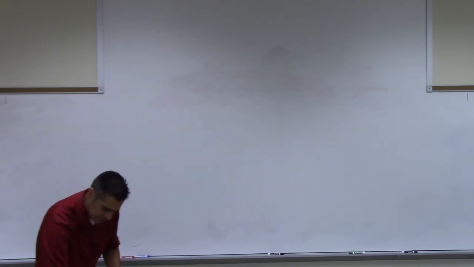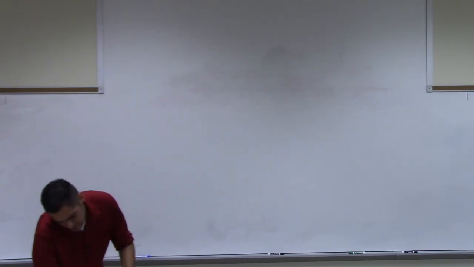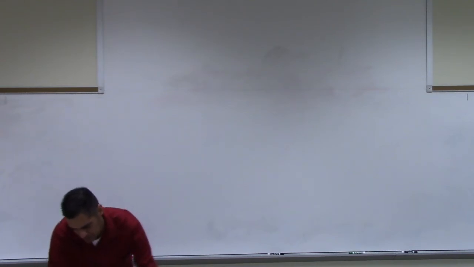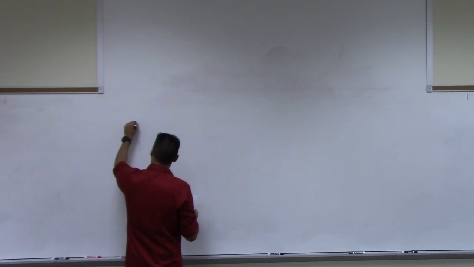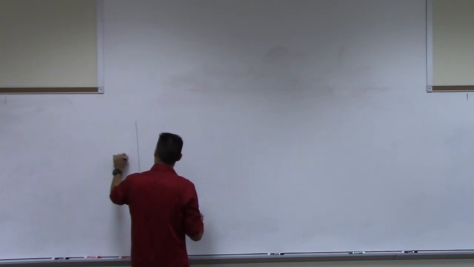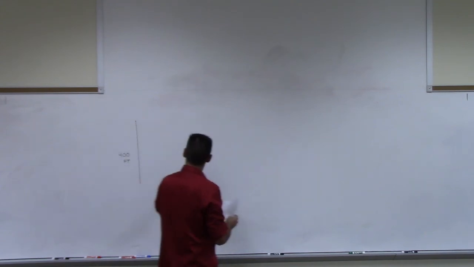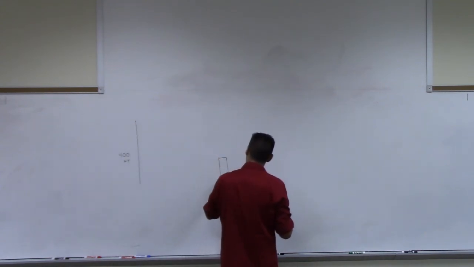I need to see if I can read one of these problems. Oh, here we go. This is a good one. Okay, I gave you that this was 400 feet and that you had a building over here that had a height of h.